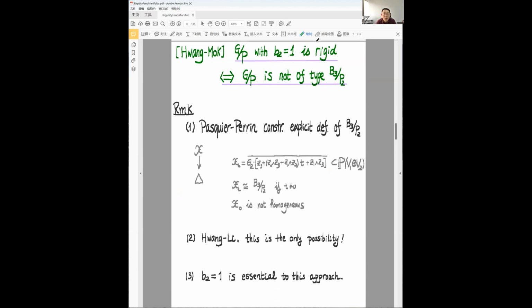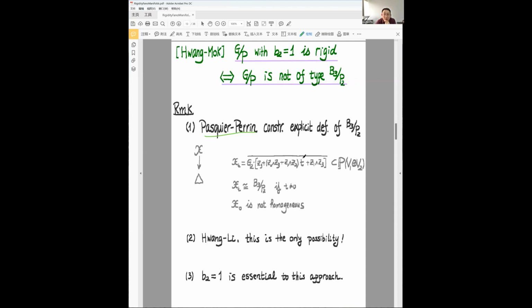In fact, Pasquier and Perrin constructed an explicit deformation of this B3 mod P2. They can embed it in some projective space of V1 and V2, where V1, V2 are irreducible representations of this G2 with highest weights omega 1 and omega 2, and then you can consider the orbit of this line.